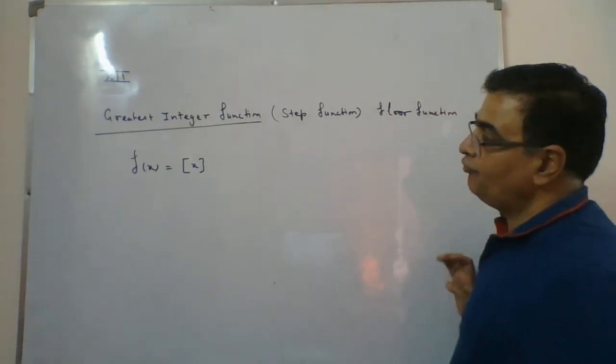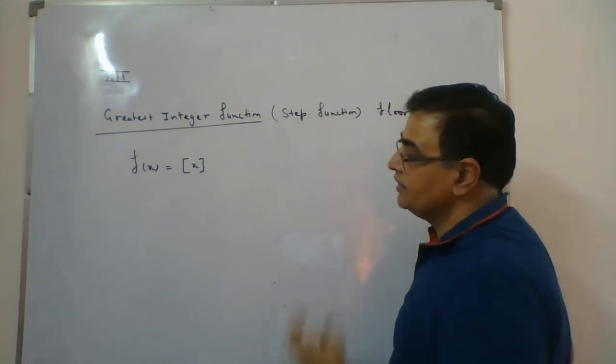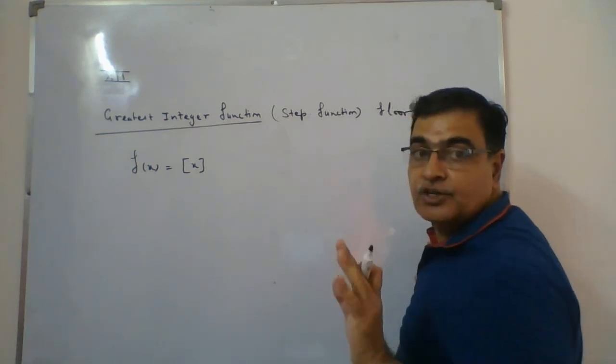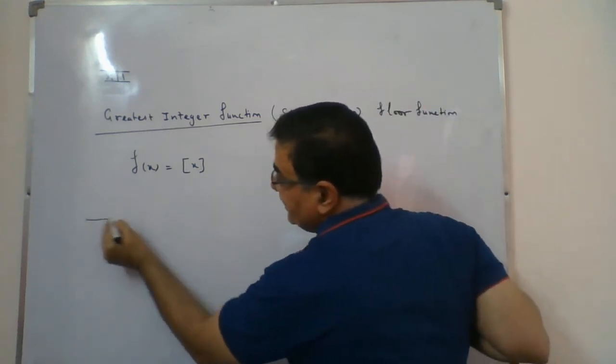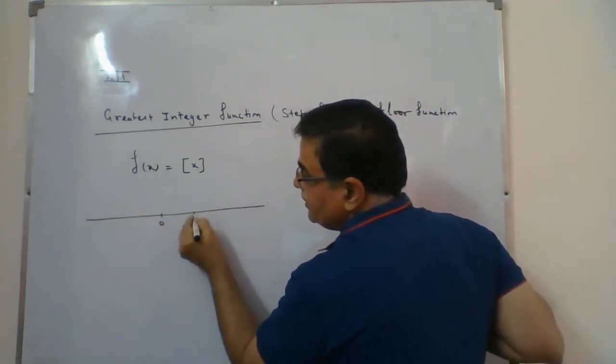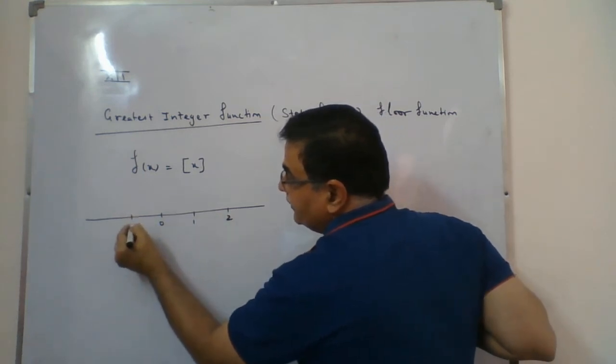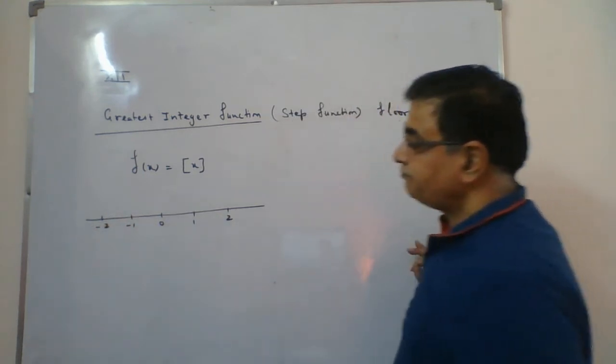How this function is defined, that you should keep in mind first. This function totally depends on the value inside it. If I just take a number line, this point is 0, 1, 2, here it is minus 1, minus 2.